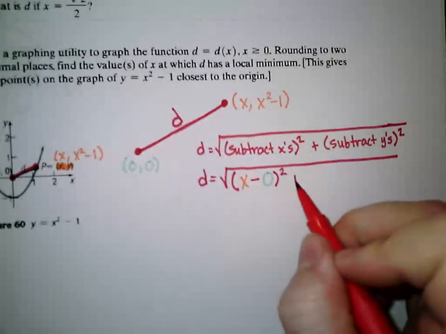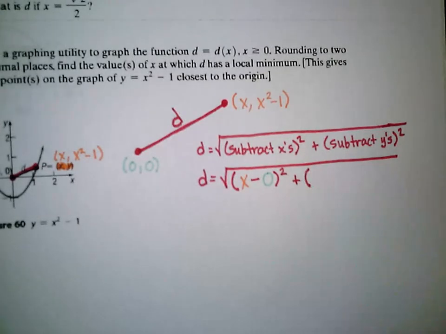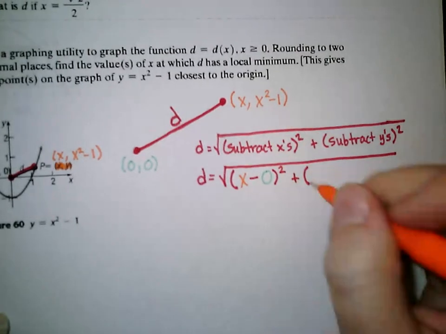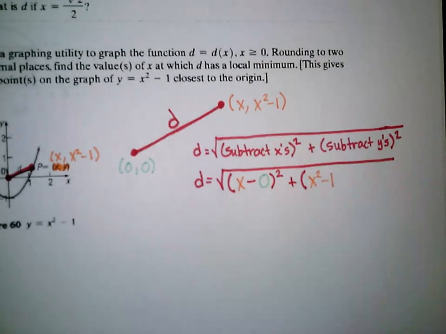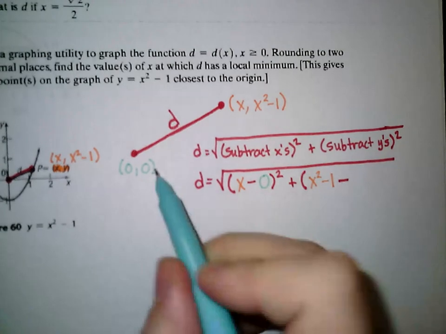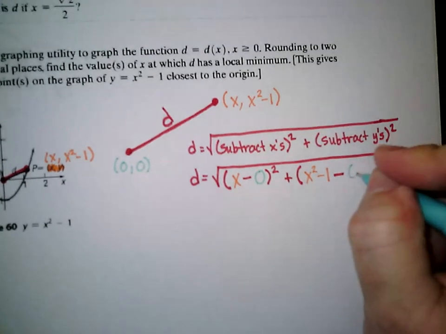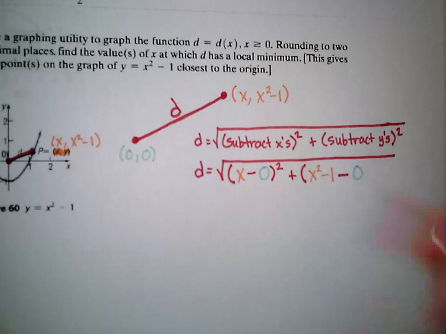And then we are going to add to that, subtracting the y's. So here I have this y value, x squared minus 1. And I'm going to subtract from that the y value of my other ordered pair, which happens to be 0 in this case, and square that.